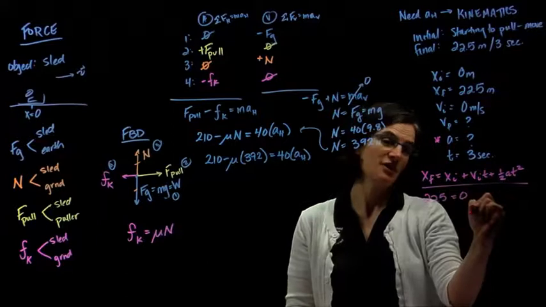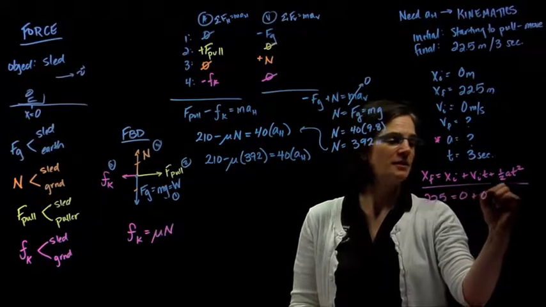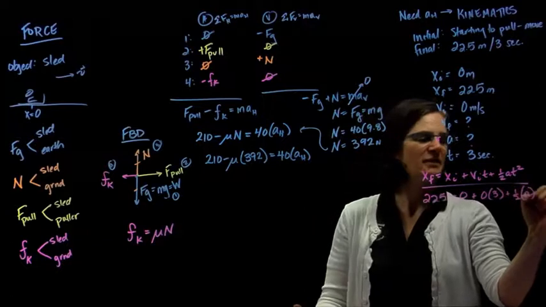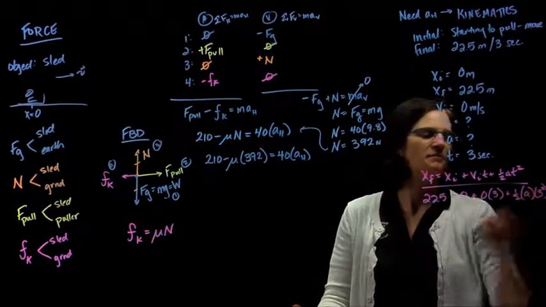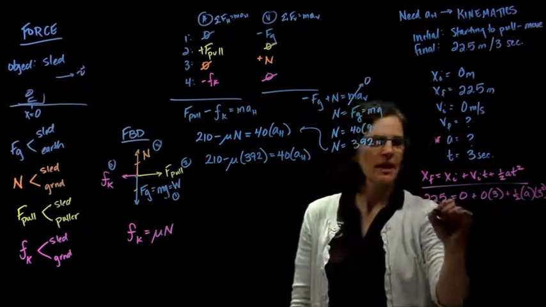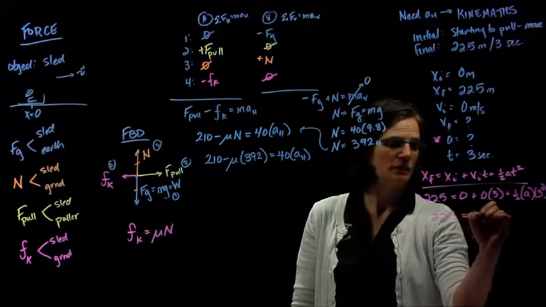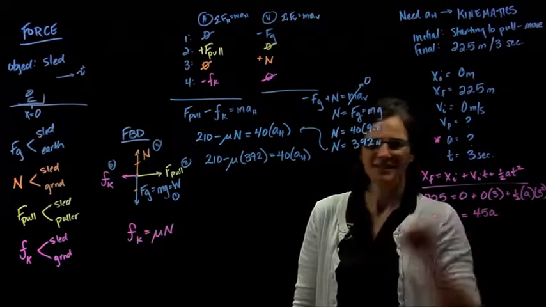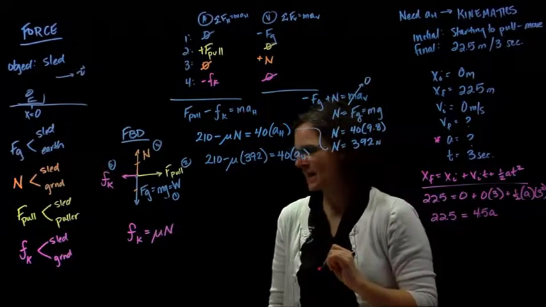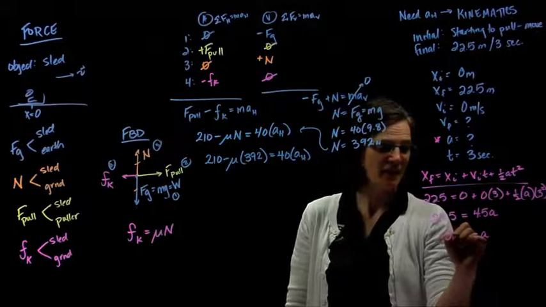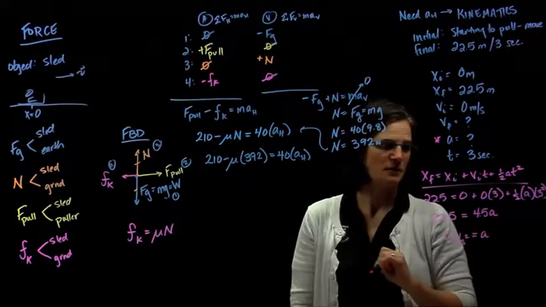My initial position is 0. My initial velocity is 0 times my 3 seconds plus 1/2 my acceleration times my 3 seconds squared. So I end up with 22.5 is equal to 4.5 times the acceleration. And I find that my acceleration is equal to 5 meters per second squared.